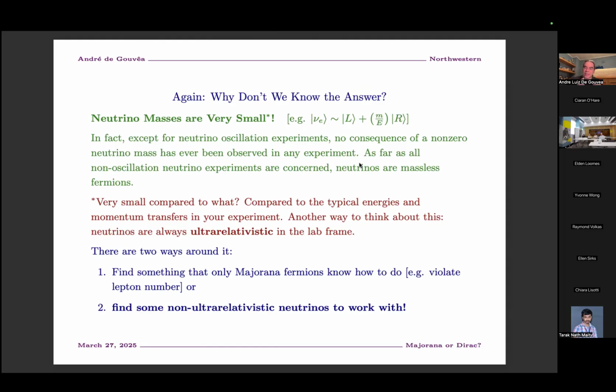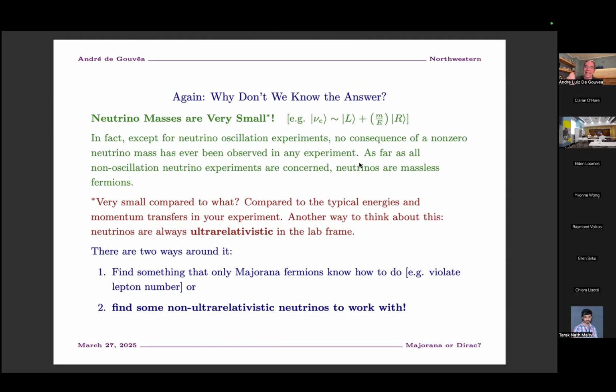all of the experiments that we do are experiments with ultra-relativistic neutrinos. And a good way of reminding ourselves of that is we have never seen the effect of a non-zero neutrino mass in any experiment, except for oscillation experiments.